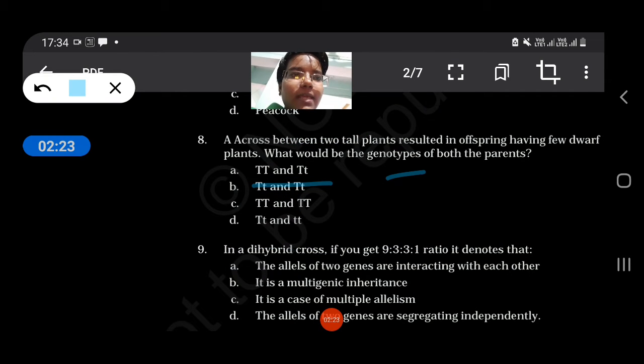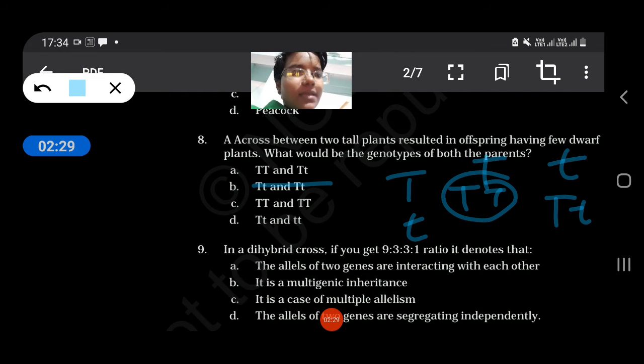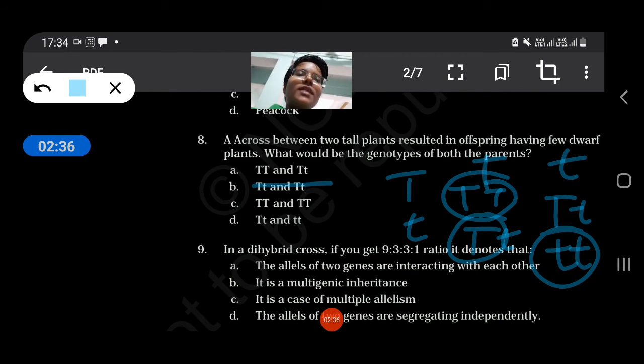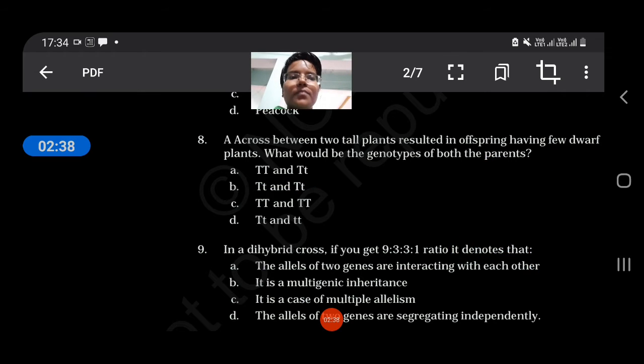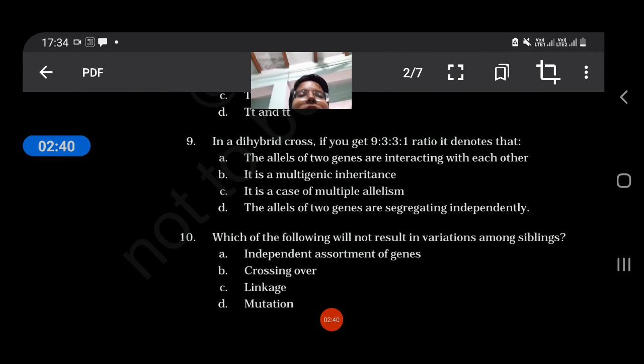T and t, T and t. So it will be Tt, Tt. Some of the plants are dwarf. Okay.